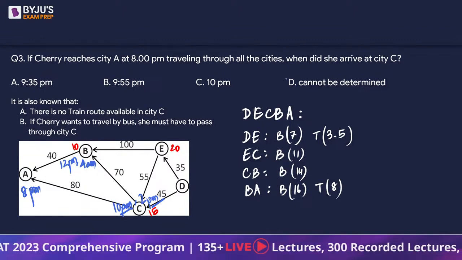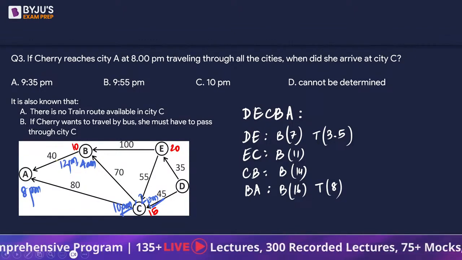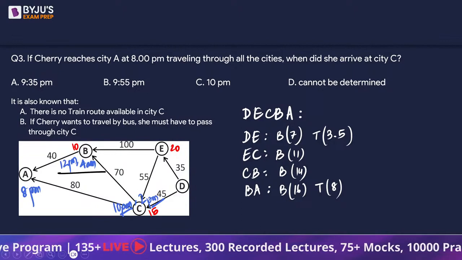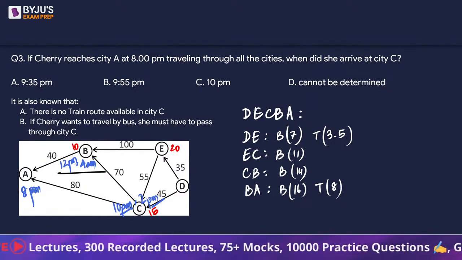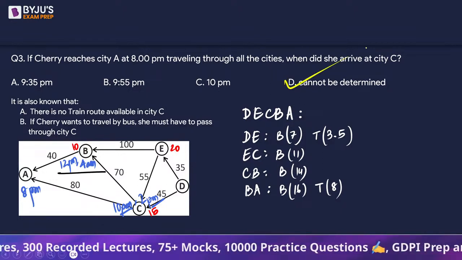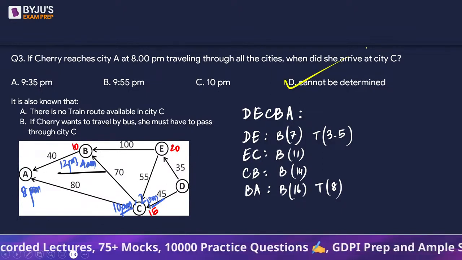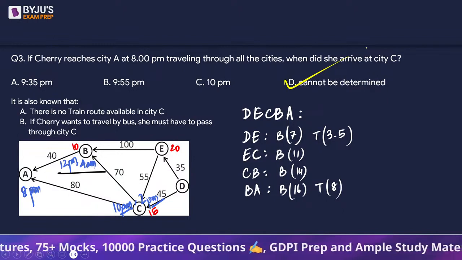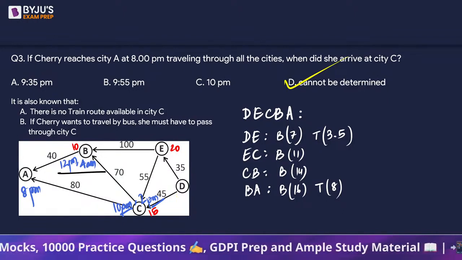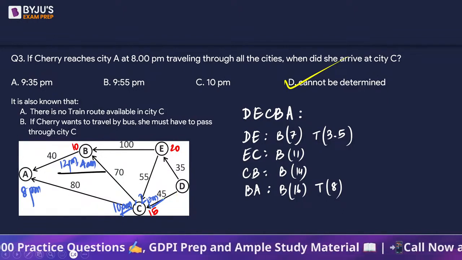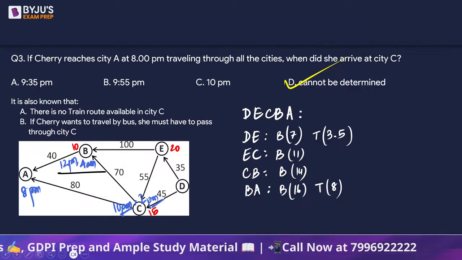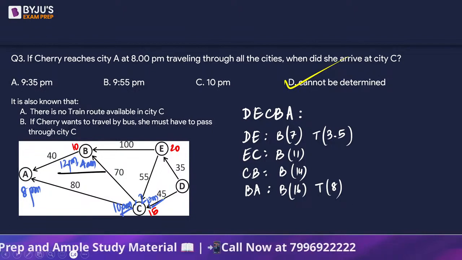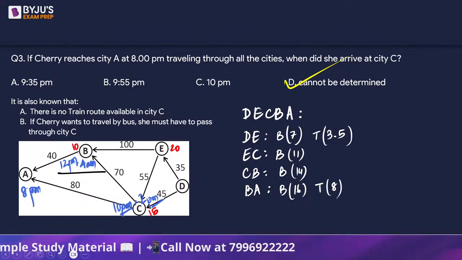So now pretty sure that since we are having two scenarios or two timings at which she can reach city B, that gives us that it should be D. Not possible, right? There are two possibilities. Even if we start from station D, the journey DE maybe by bus or train, so that's a completely different pair of timings, right?